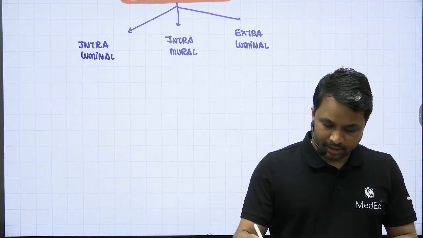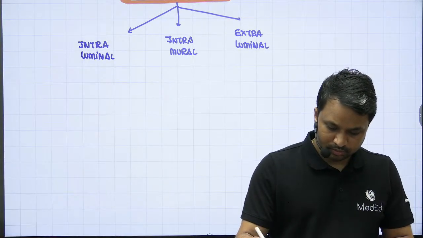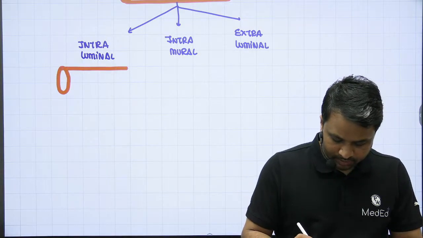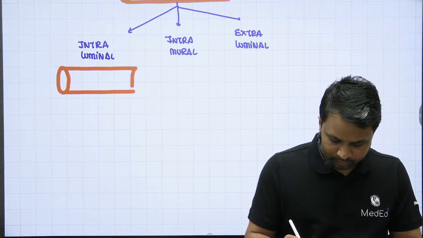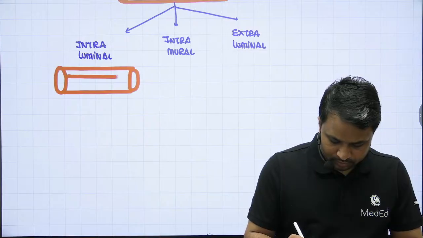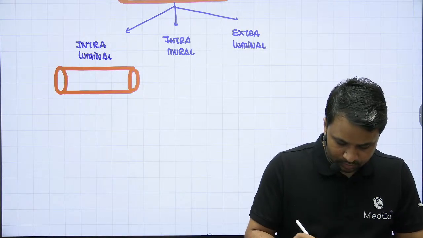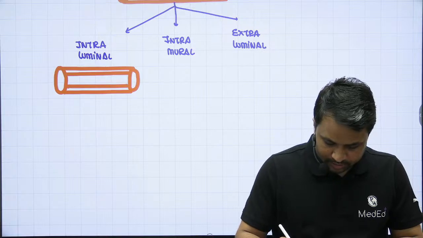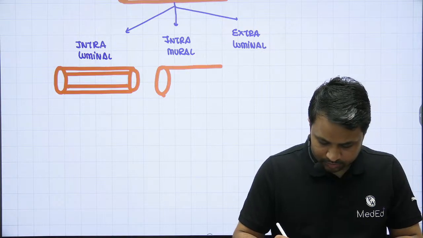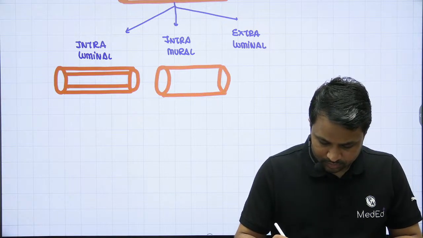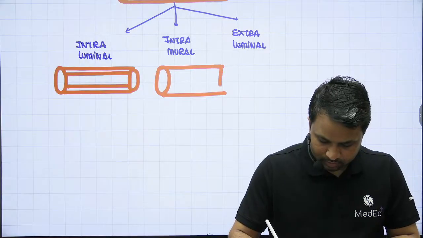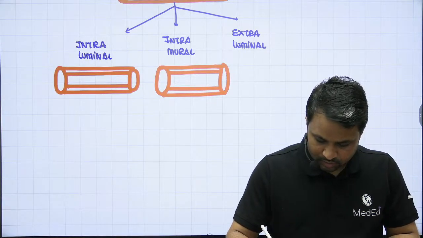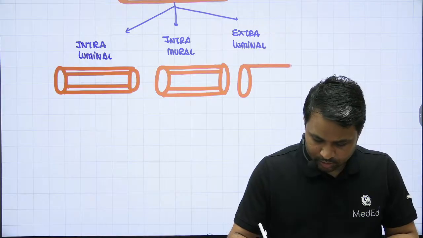Now what do you mean by intraluminal? If you take this as the bowel wall, the inner part is your intraluminal, the wall itself is your intramural, and this is your extraluminal.